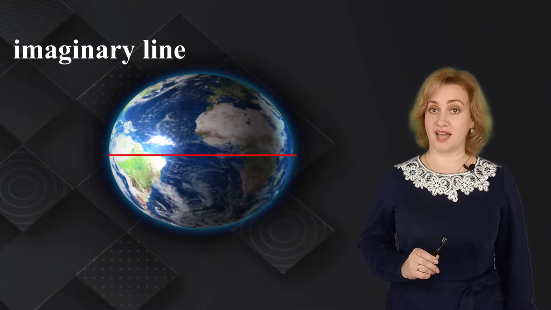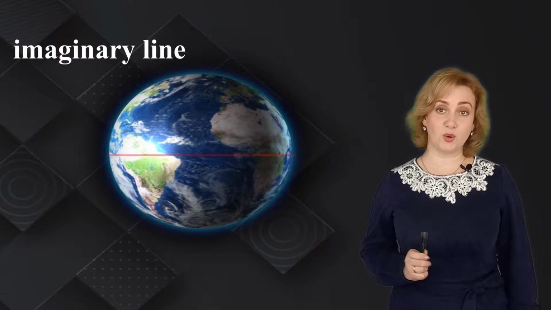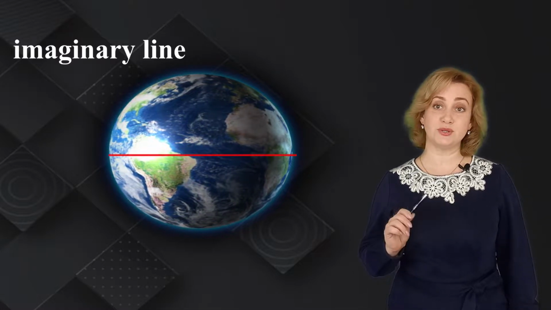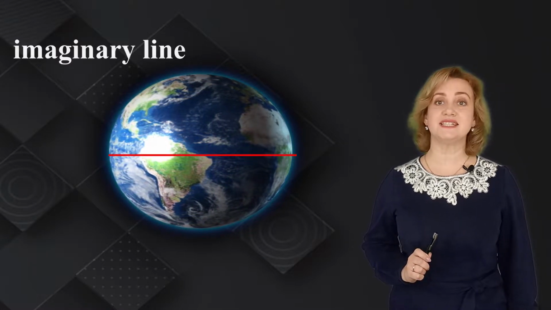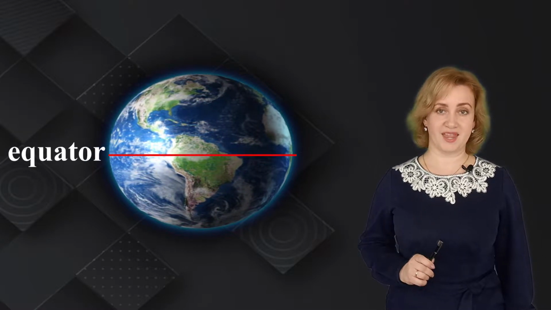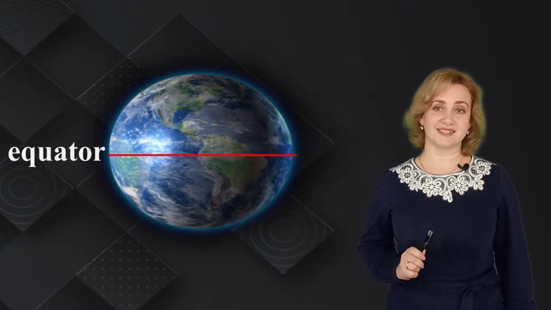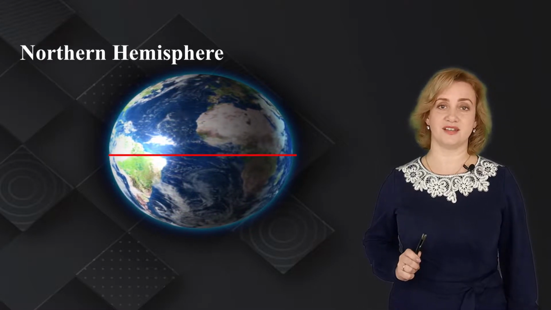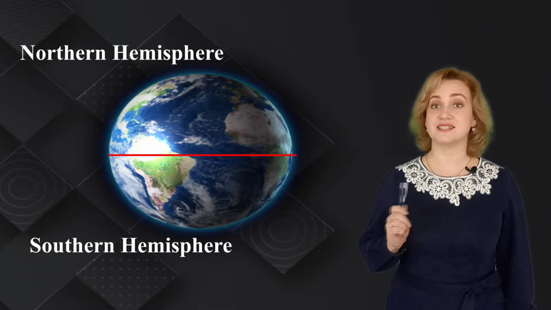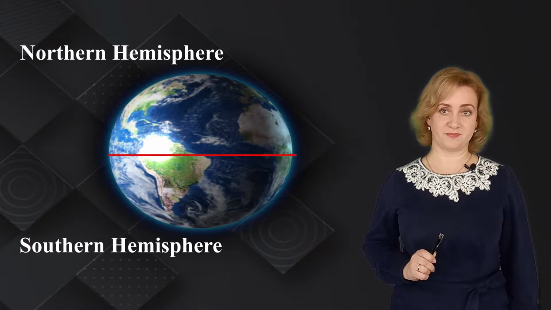Another imaginary line running on the globe divides it into 2 equal parts. This line is known as the equator. The northern half of the Earth is known as the northern hemisphere, and the southern half is known as the southern hemisphere.